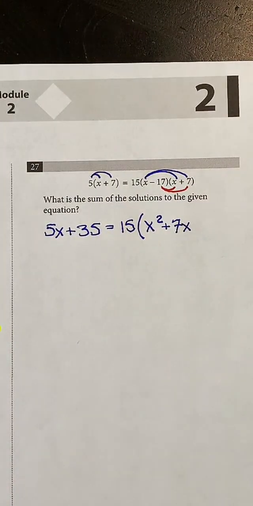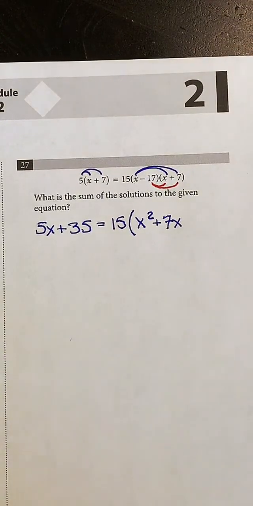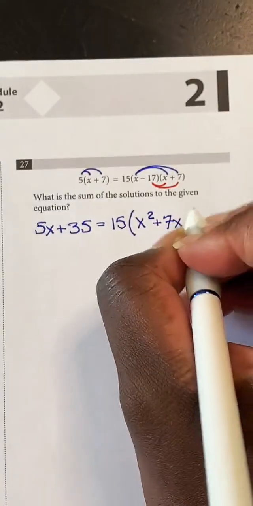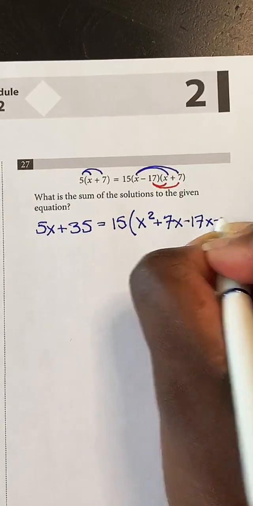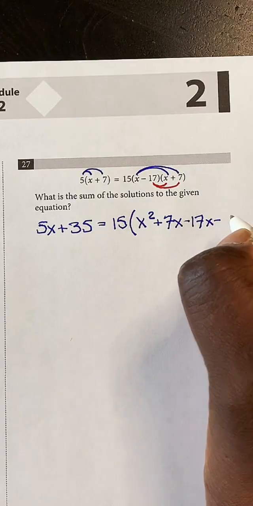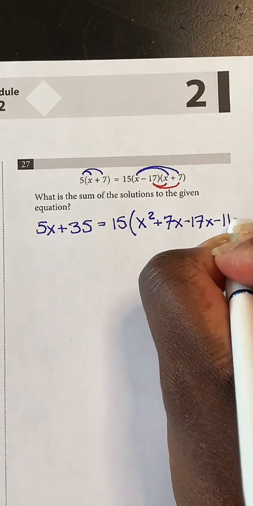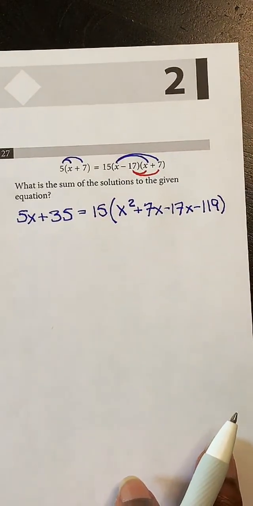So then you have your negative 17 times x. So that gives me negative 17x. And then negative 17 times 7, that will give me a negative 119. We can do this.